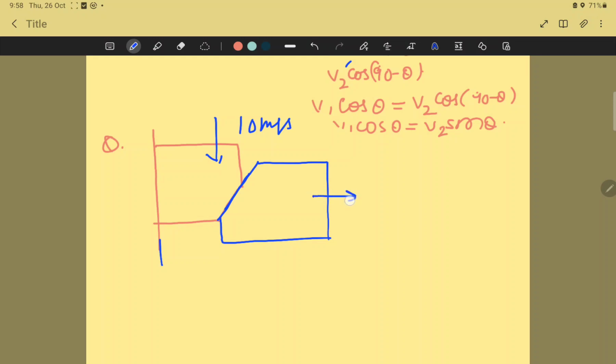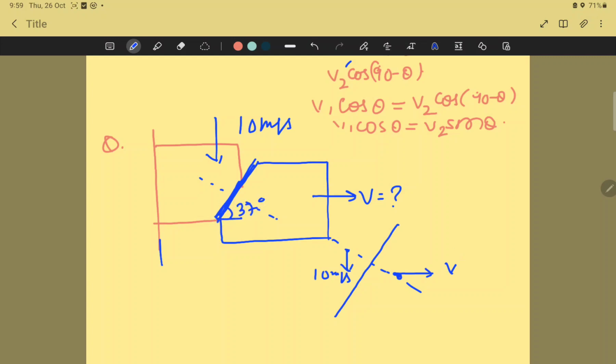You have to calculate the velocity v. Once again, you have to use the same constraint, resolve in the perpendicular direction, like this is the perpendicular direction of it, and it is moving with 10 meter per second, and here it is moving with an angle they have given as 37.